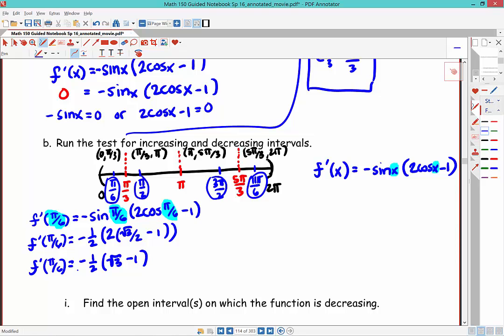So you'll have a negative for your first factor, and in the parentheses, you'll have a positive. So this is going to be less than 0.